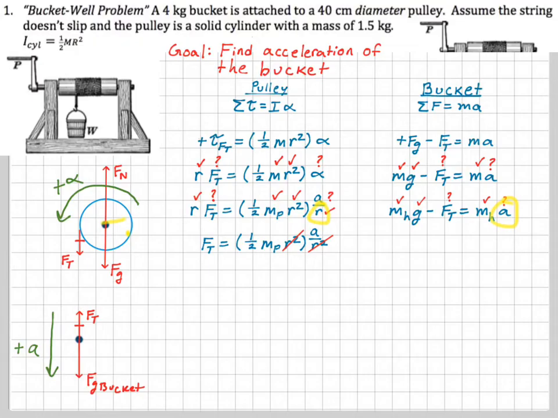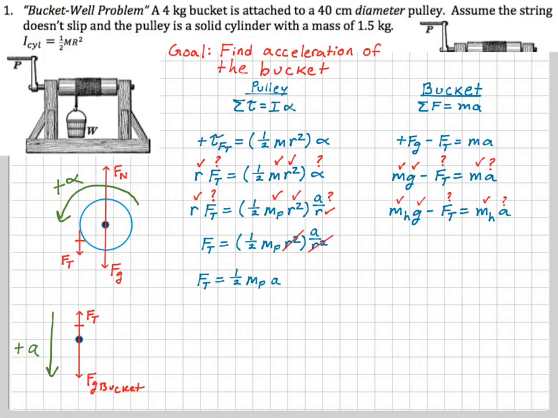So we can cross out the r squareds, combine and simplify them, and this net torque equation simplifies to just force tension equals 1/2 mass of the pulley times acceleration.